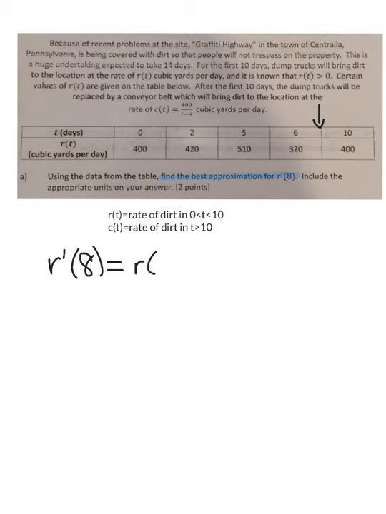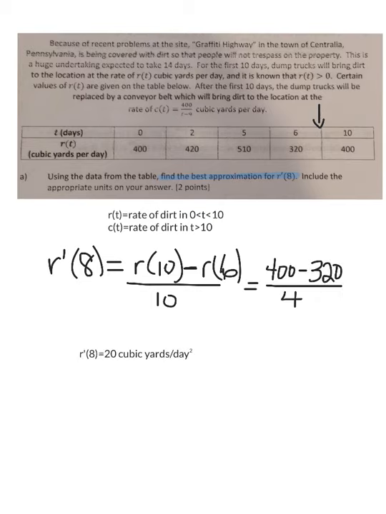So that would be R of 10 minus R of 6, over 10 minus 6. And then you just work this out. You can go into the chart, find R of 10, find R of 6, and see what you get.